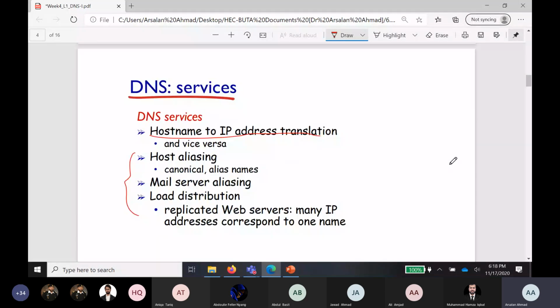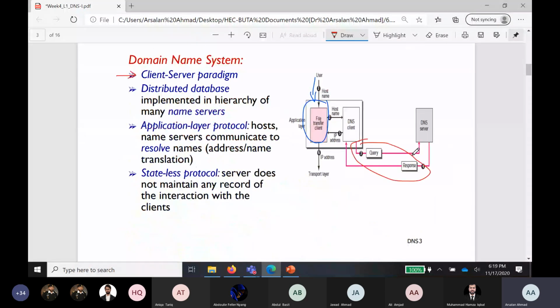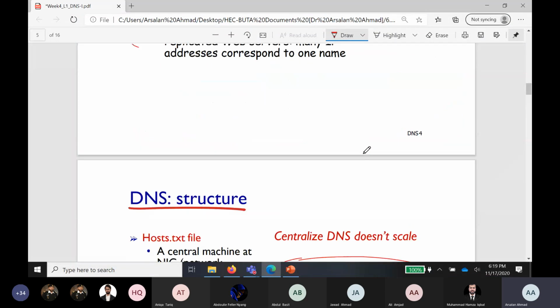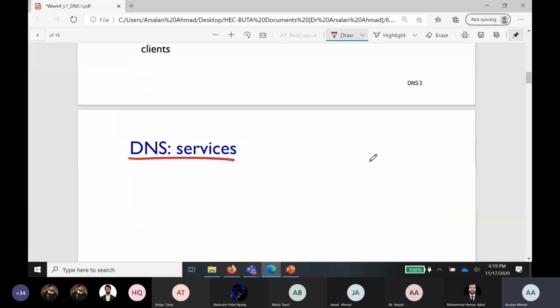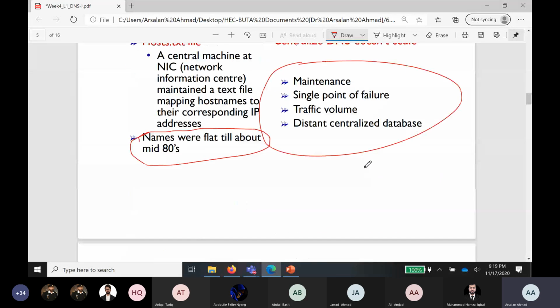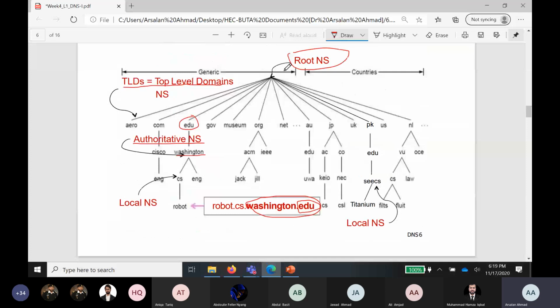Previously, in the earlier slide, we tried to camouflage this process in a two-step query and response, but now we know that if the local name server, this DNS server, does not have the response in its own cache, then it will have to follow this hierarchy and get the response from the authoritative name server placed somewhere around the globe.